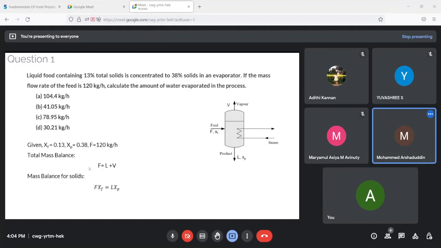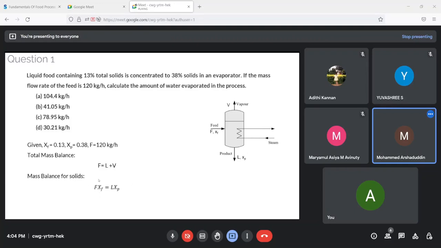If we do a mass balance for solids, we have F into XF, which gives the total amount of solids entering the evaporator. In an evaporation process, only the water gets evaporated and not the solids, so V, the vapor stream, will not have any solids. That will be 0. Only the product stream will have the solids, so you will have L into XP.